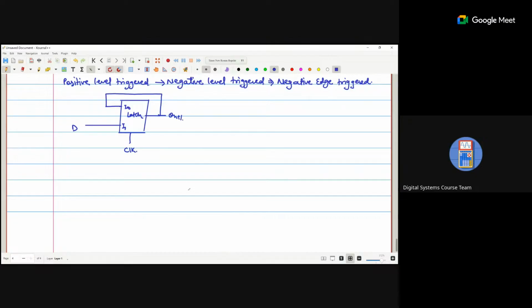So we already know if we connect one NOT gate with NOT gate, it behaves as a buffer. So what should we do?